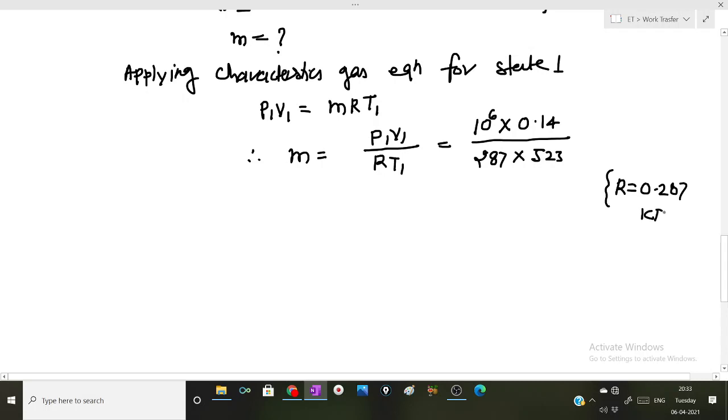So the value of mass comes out to be 0.932 kg.